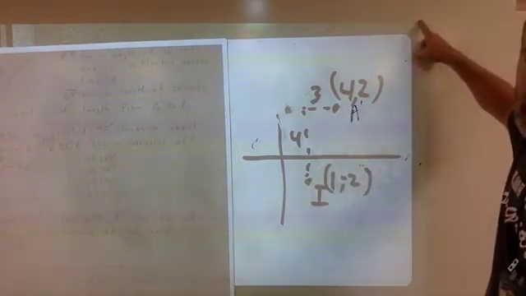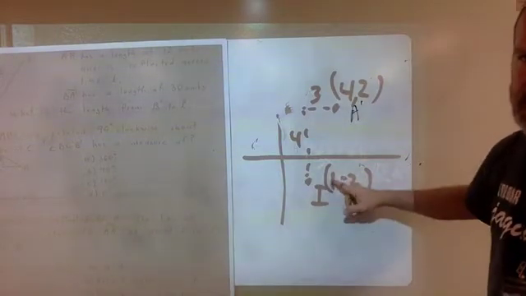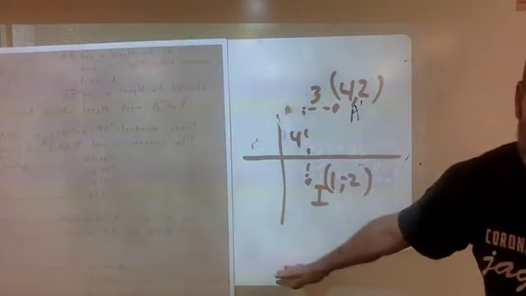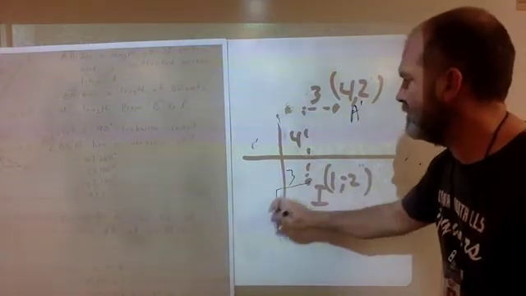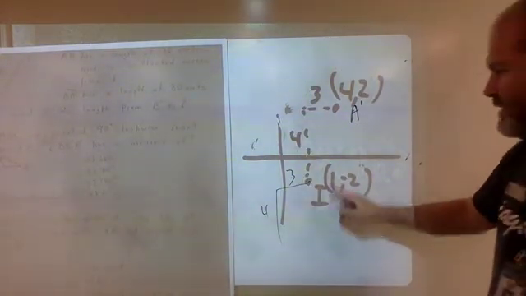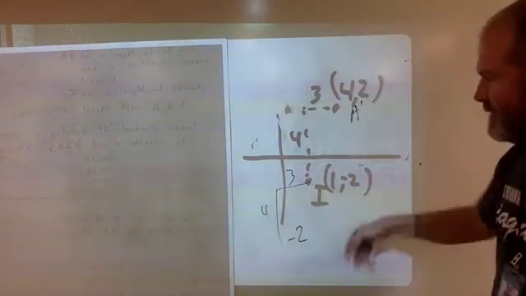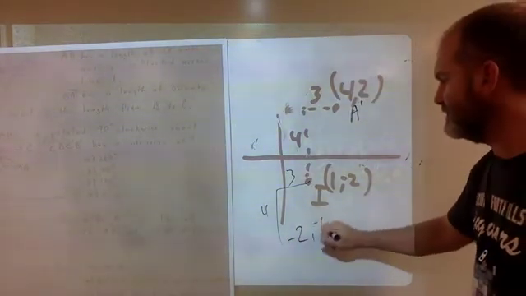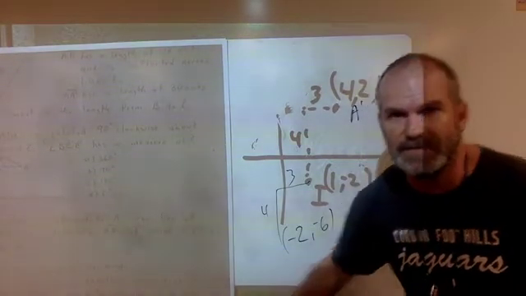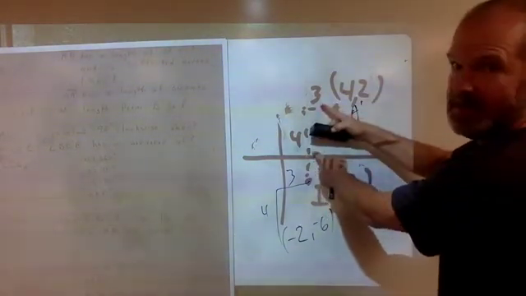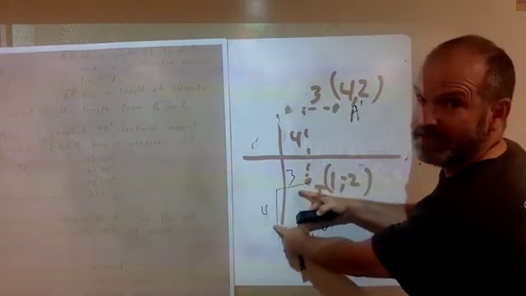Not up here, over here on the other side of I. So you go to the other side of I this same distance, 3 and 4. And over 3 from 1 is negative 2, and down 4 from negative 2 is negative 6. So that was your answer on that one, negative 2, negative 6. Find that and go that same length past your intersection point.